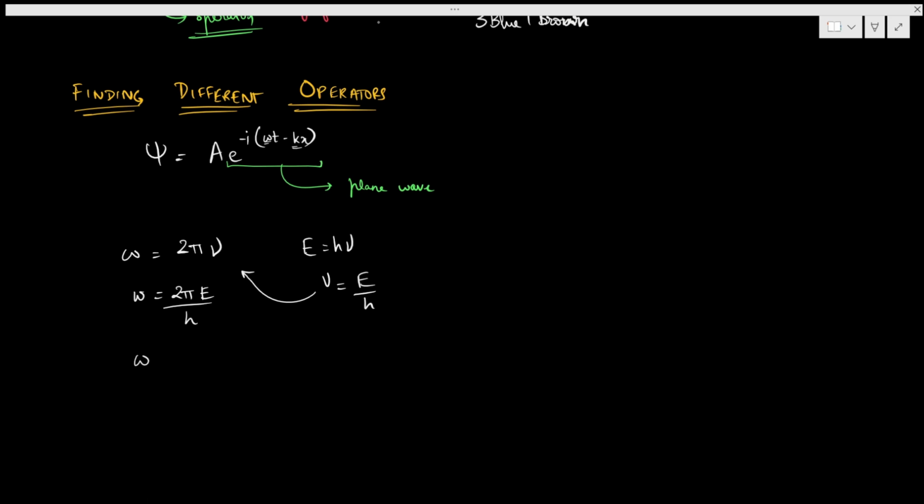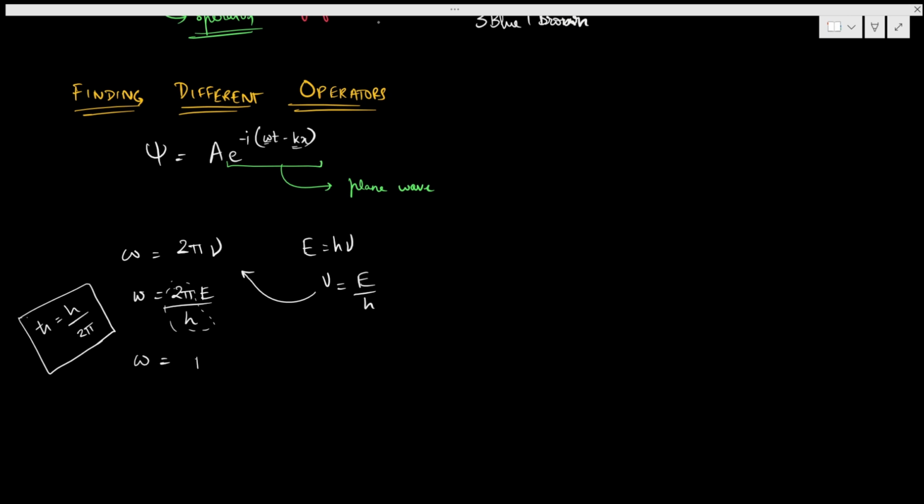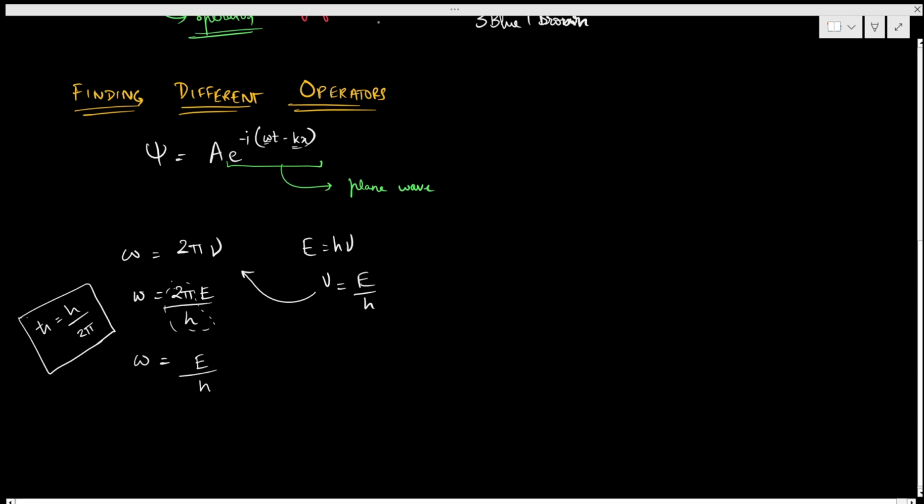And if you've seen the previous video about Heisenberg's uncertainty principle, you'll know that this right here is a common notation that is used. I'll just write it here. h-bar is equal to h by 2 pi. This term crops up a lot in our quantum mechanical equations, so we have a simpler notation here. So replacing that here, you will have omega is equal to E by h-bar.